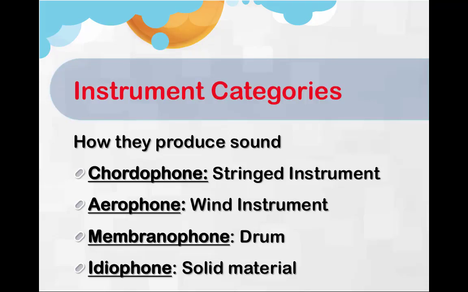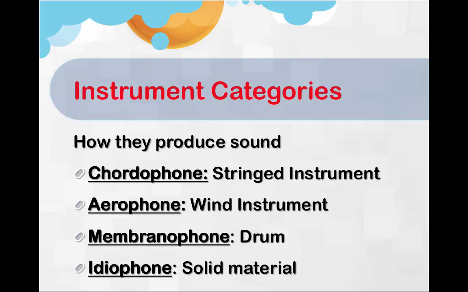And so they produced another way of categorizing instruments, and these categories are based on the way in which the instruments produce sound. So, the four categories are chordophone, aerophone, membranophone, and idiophone.